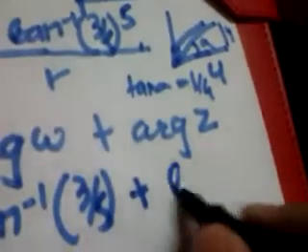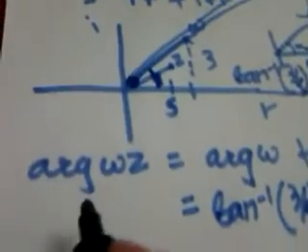For z, it's 4 units here and 1 unit here. So tan alpha is equal to 1 by 4. Alpha is tan inverse 1 by 4. So therefore the argument of z is tan inverse 1 by 4. And what's the argument of wz?